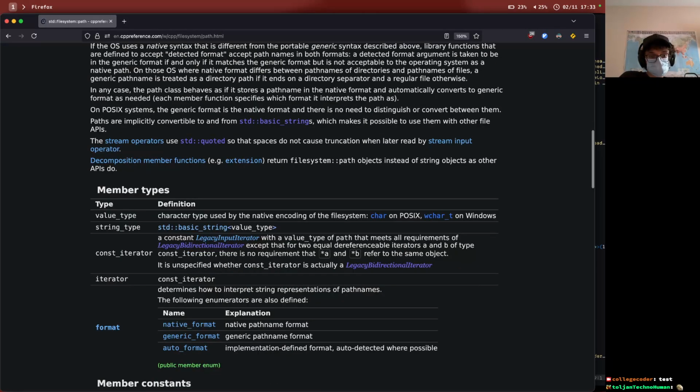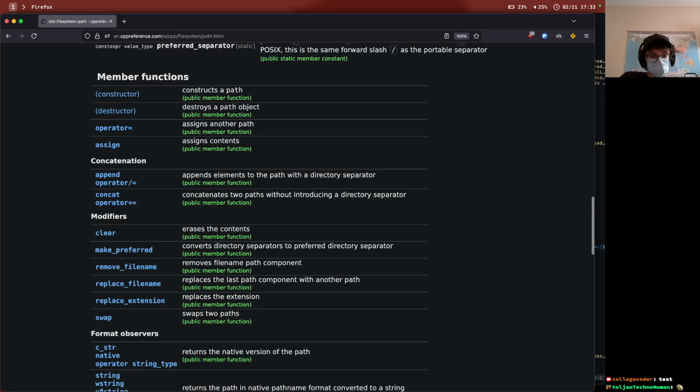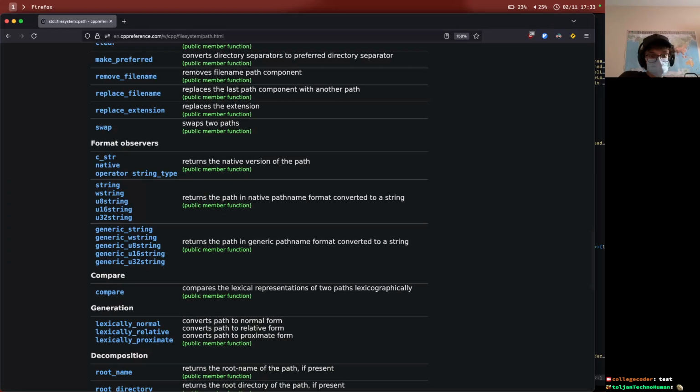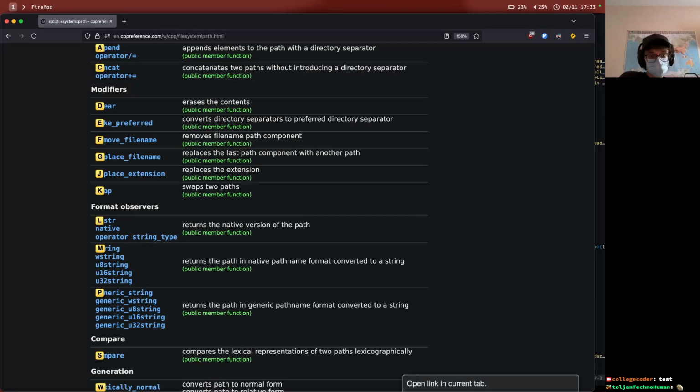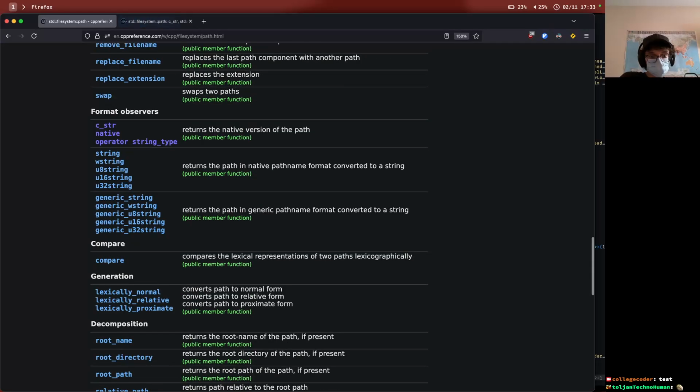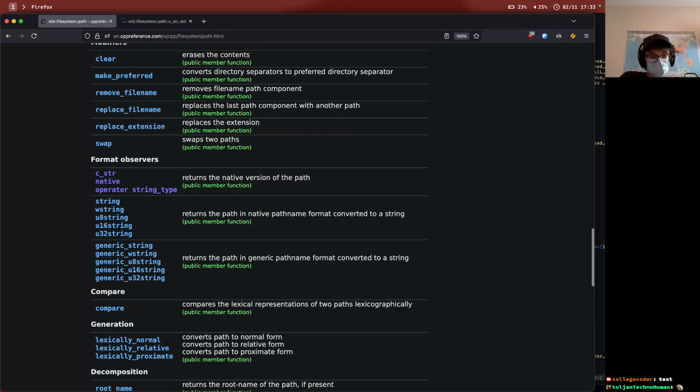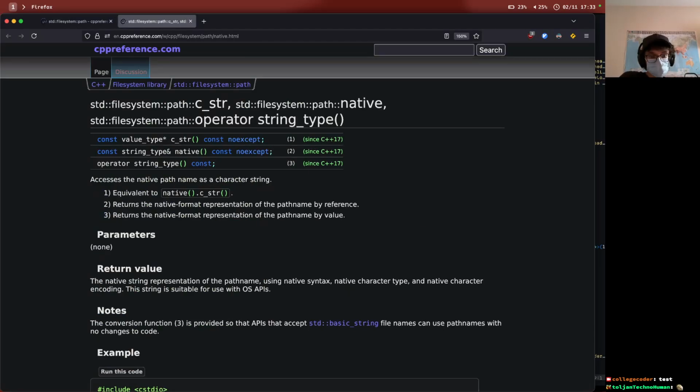So, it returns the native version of the path. So that's nice. I can use it. Is the operator string type explicit? No, it's not.